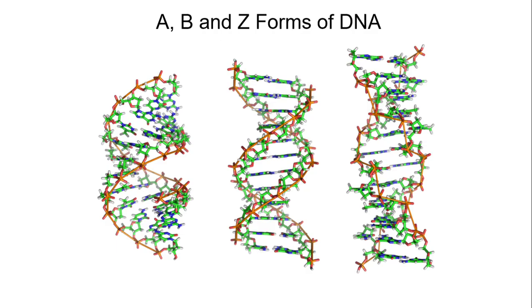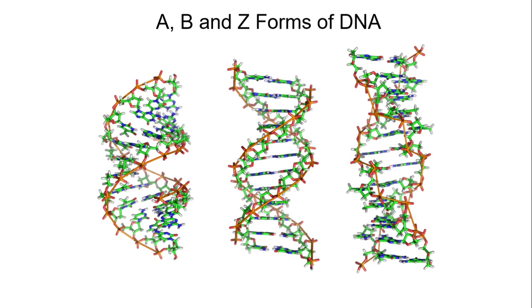And here we're seeing 3 forms of DNA, A, B, and Z. These are all biologically active forms, and they have differences with respect to the groove dimensions and whether they're compacted or elongated. The B form is the most predominant form.